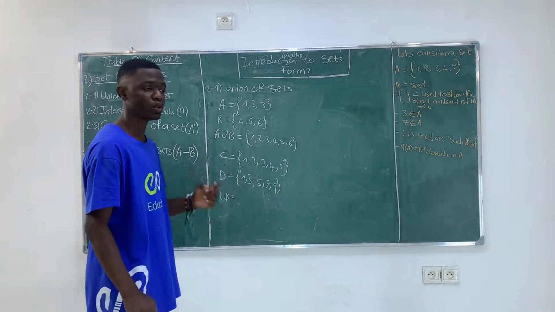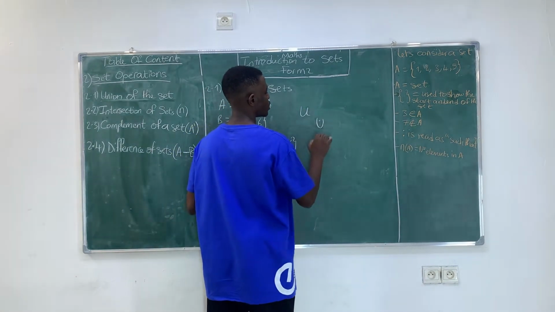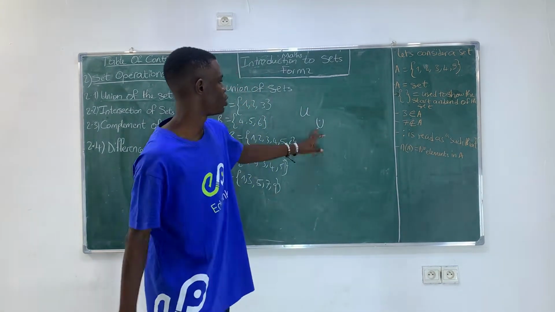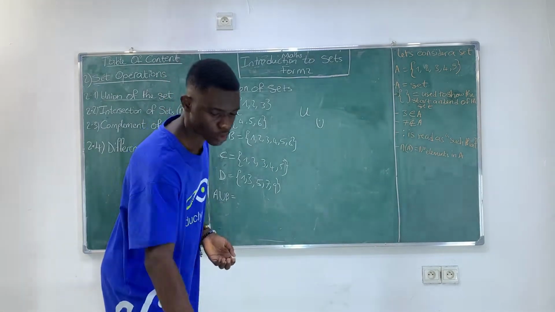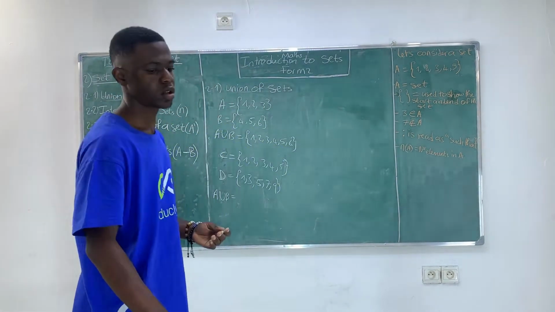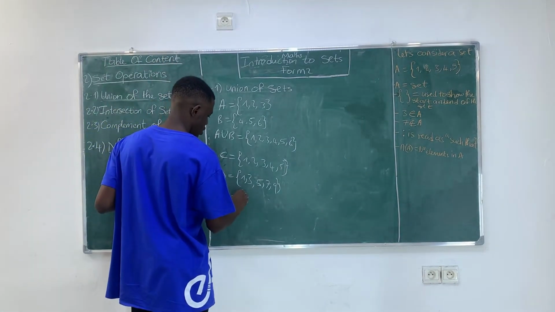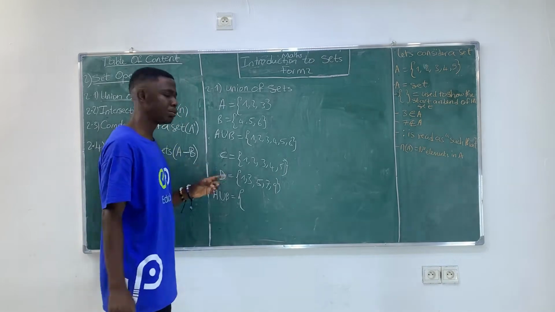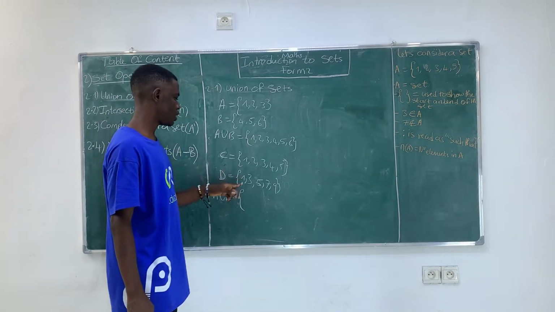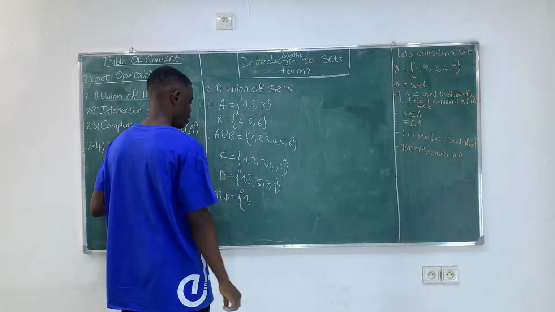Watch out, this is not intersection. It's not only the inner side; it is everything in A and B. Make sure I don't copy the same number twice. If one is here and one is here, copy that one only one time, not two times.